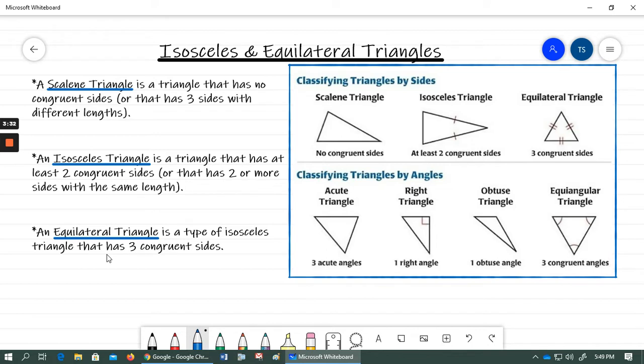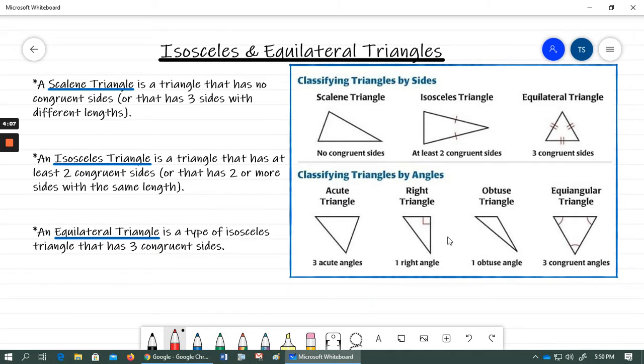Not every isosceles triangle is an equilateral triangle. And that's why it says here that isosceles triangles have at least two or more congruent sides, meaning that it could have two or more sides with the same length. At least two congruent sides. All right, but anyway, folks, those are the three classifications of a triangle by its sides and by its side lengths.